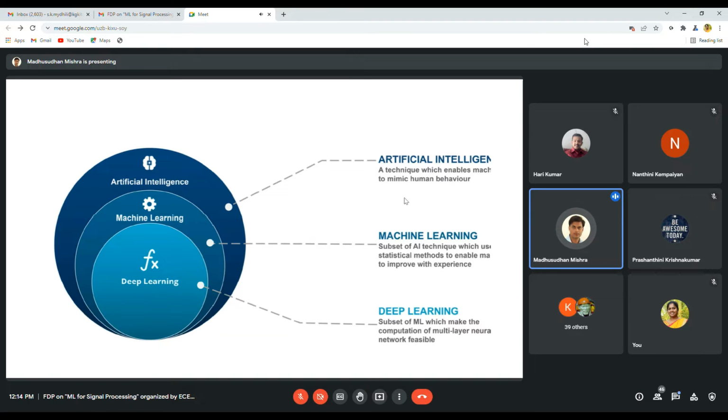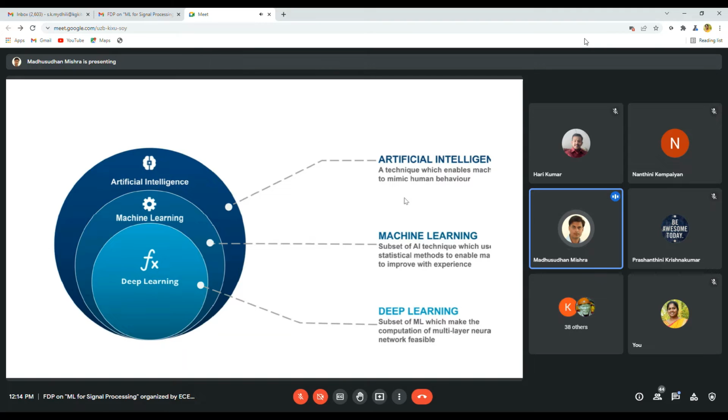Artificial intelligence is a broader way of looking at things, a technique which enables machines to mimic human behavior, whereas machine learning is a subset of AI, and deep learning is a subset of machine learning. Machine learning uses some statistical methods to enable machines to improve with experience, and it uses features.